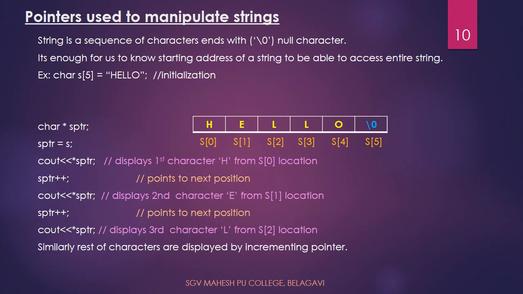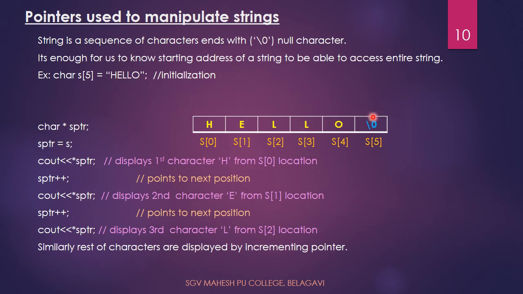Now let's see how to implement pointers using strings. Let us try understanding what a string is. A string is nothing but a sequence of characters which ends with a null character. Let's take an example. I declare a character array s of size 5, and inside s I'm going to initialize the string as HELLO.